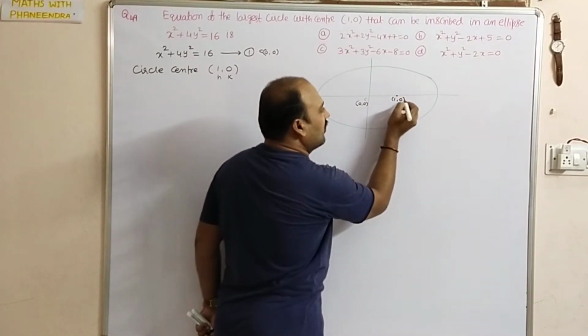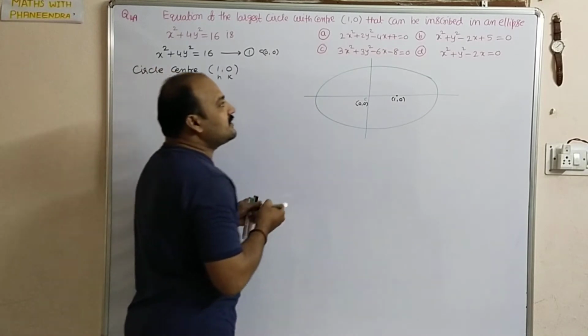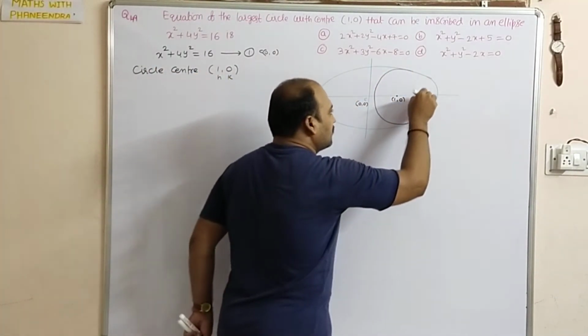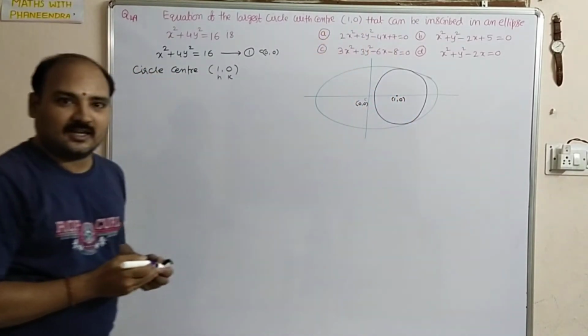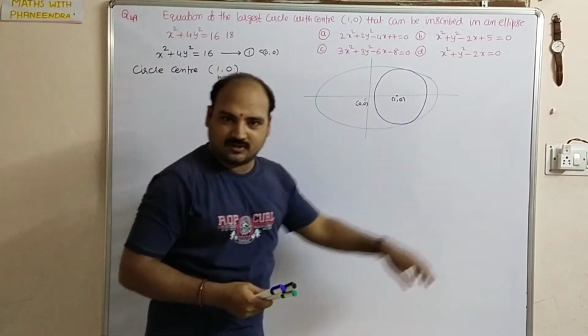So the required circle which is inscribed in the ellipse will be like this. This is the required circle, the largest circle inscribed in the ellipse.